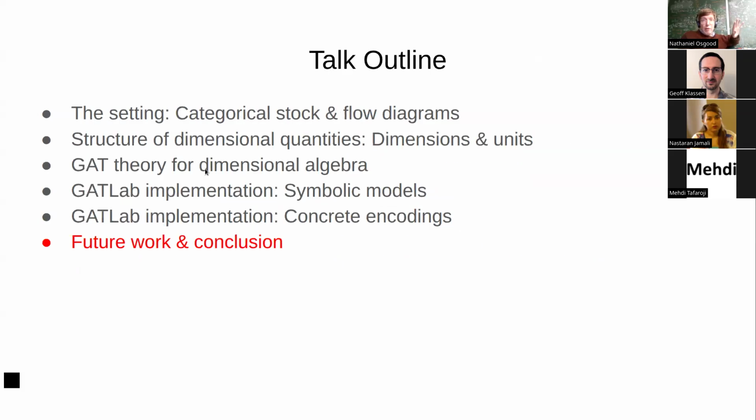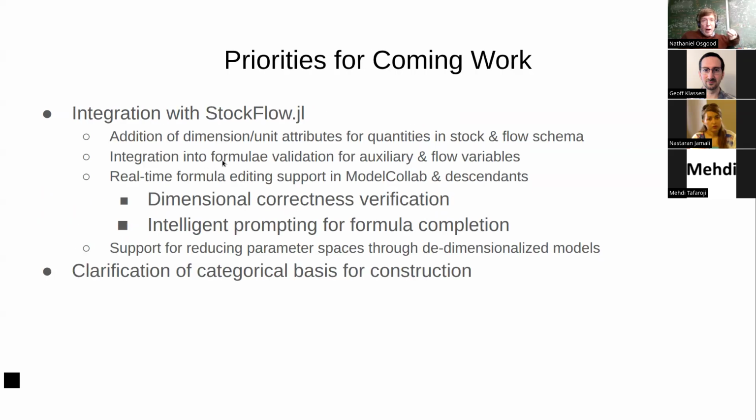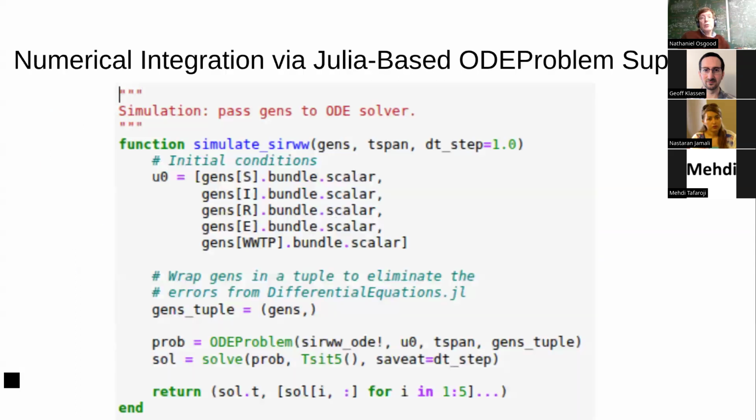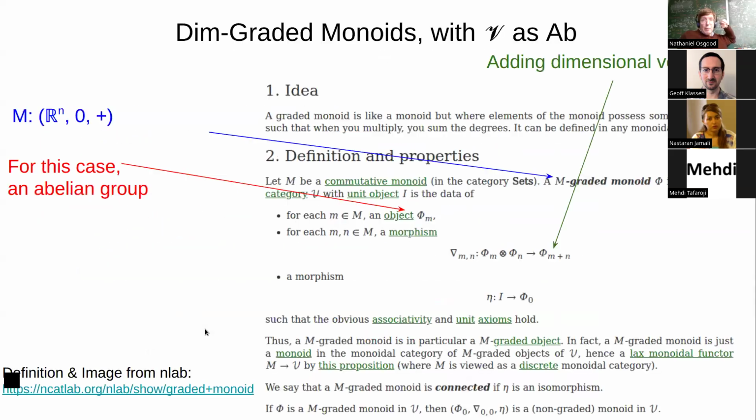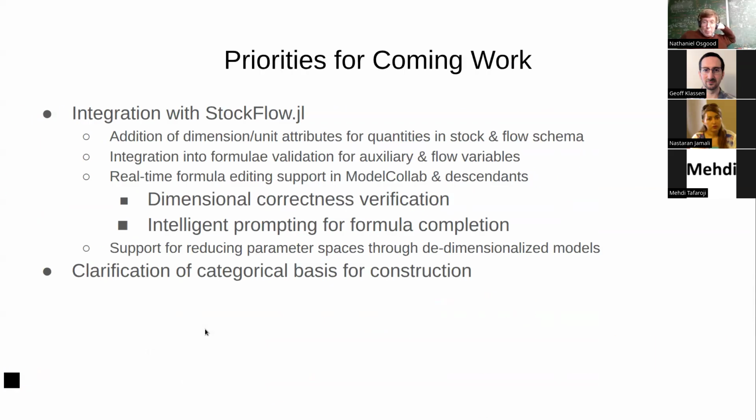Now, once we have it in StockFlow, I think there's all sorts of ways we can do it, right? We can integrate into the validation, test formulas for dimensional consistency and unit consistency, potentially convert units as needed, much as Uche has done here to convert things, but be able to allow intelligence along that, maybe formula editing support and something like ModelCollab and derivative tools, potentially reducing parameters, but that's further on.